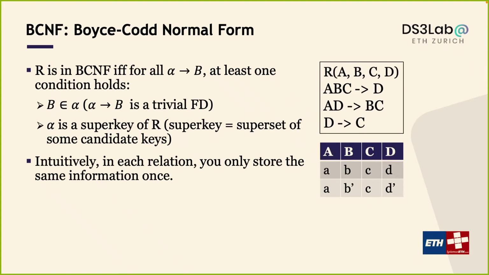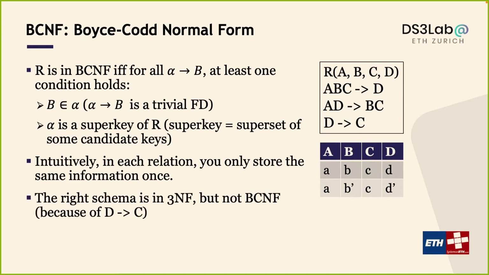Now let's look at this example and try to decide whether it's in BCNF or not, or whether it's in third normal form or not. It's the same thing. You have ABC decides D, and you have AD decides BC. In this case, you have two candidate keys: ABC, which is a key, and AD, which could also be a key. Then you have the functional dependency D decides C. In this case, it's actually in third normal form.